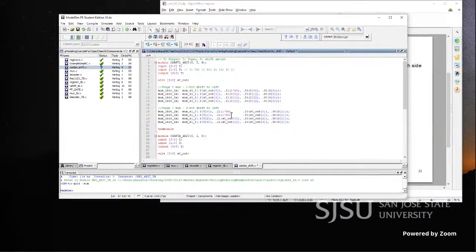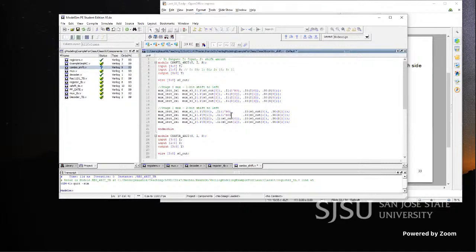Imagine if there was a next stage: it would be a 1-bit shift, then 2 bits, and the third stage multiplexer would be a 4-bit shift. If it is an 8-bit shifter, we need a 3-bit shift amount and 3 stages of multiplexer. The third stage would be a 4-bit shift to the left.